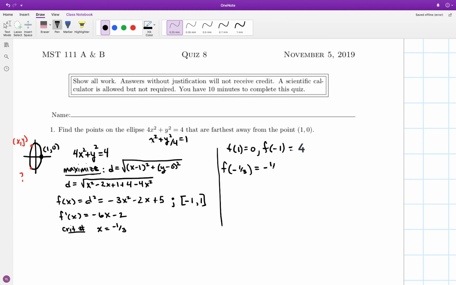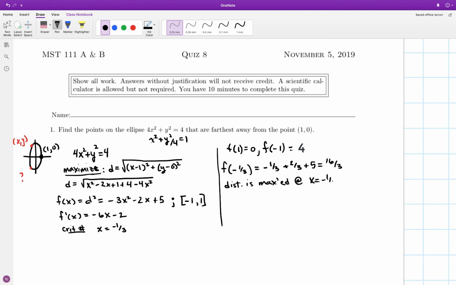I'm expecting it to be bigger than 4 because I don't think that the point -1, 0 is farthest from 1, 0 on the ellipse. So I'm just going to do as much with these fractions as I can, and I get 16/3, which definitely is bigger. So I've discovered that the distance squared, and hence the distance, is maximized when the x value is -1/3.